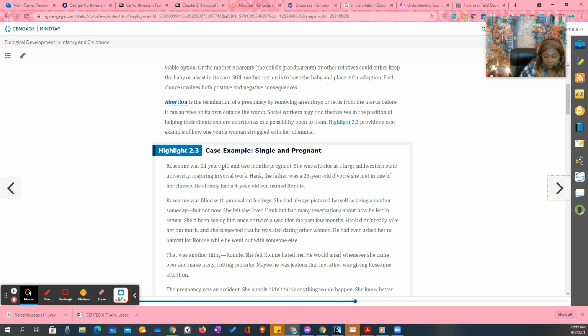If someone comes to me and says they want an abortion, my job is to support their decision. My values, my beliefs play no role in that client's life, none whatsoever. So I'm going to lay out the options, and whatever she chooses, my code of ethics says I'm going to be supportive of her. Okay. Remember, your values do not play a role.